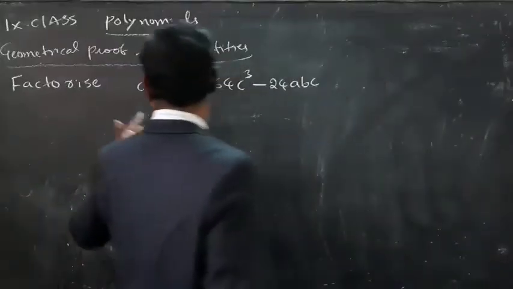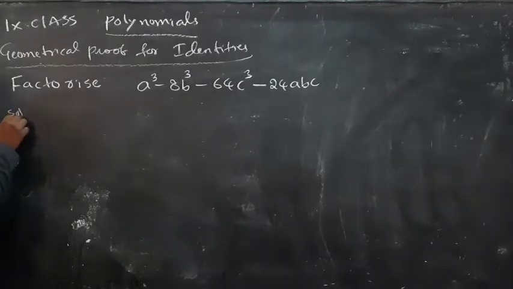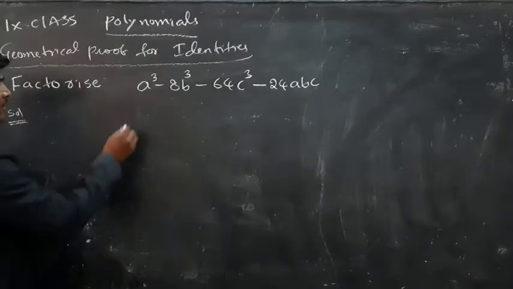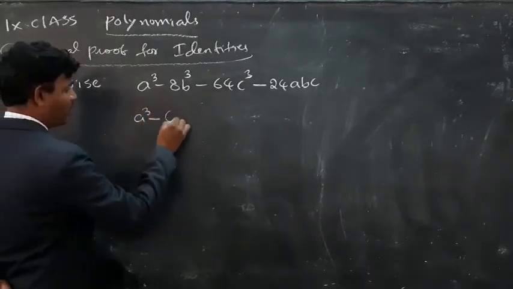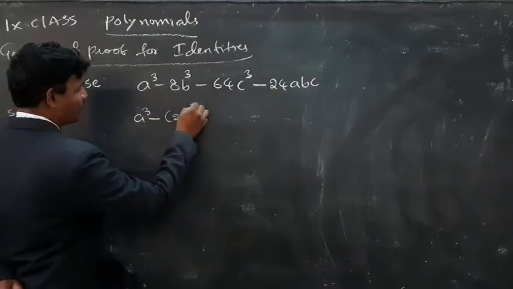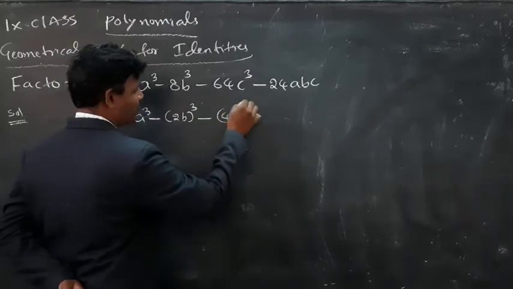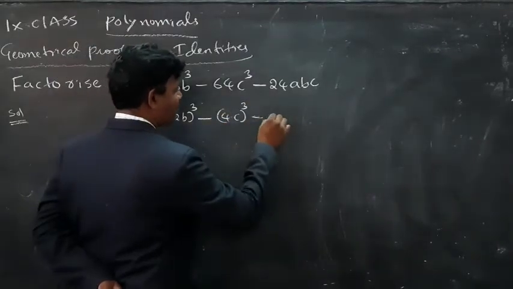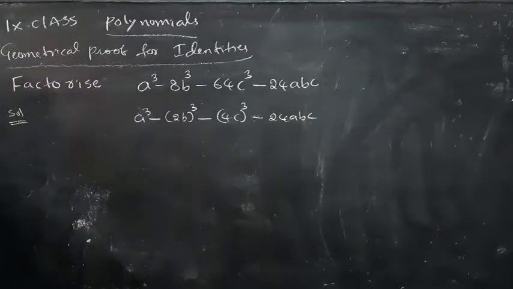So here, factorize a cube minus 8b cube minus 64c cube minus 24abc. Solution: to factorize this one, 8b cube I am writing as 2b whole cube, 64 I am writing as 4c whole cube, minus 24abc. So here I am using one identity.